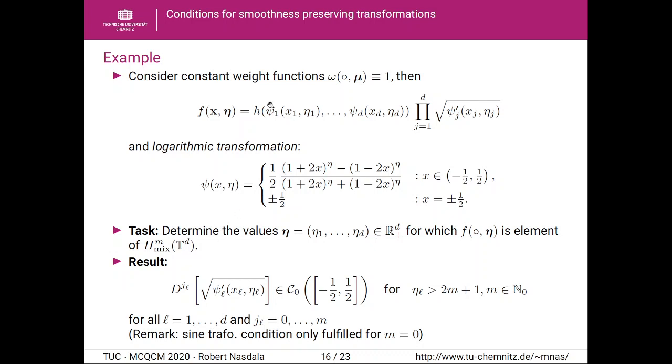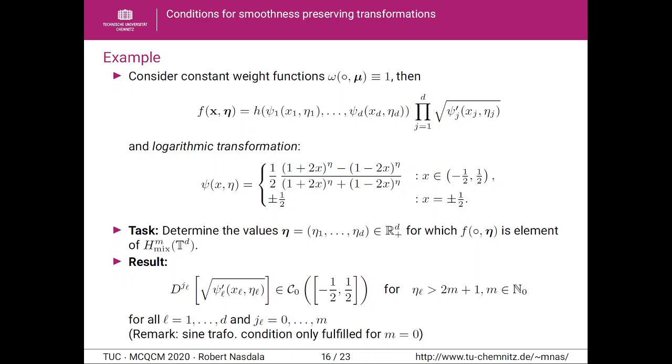So for example, we want this transformed function to be in H2. And then our conditions tell us that the zero condition on the derivatives of the square roots is fulfilled if each of these parameters eta is greater than 2m plus 1, which means if we want f to be in H2, we need each of these etas to be greater than 5.